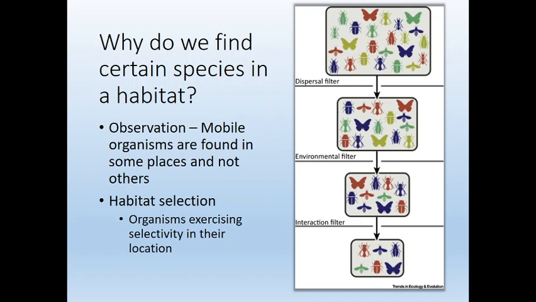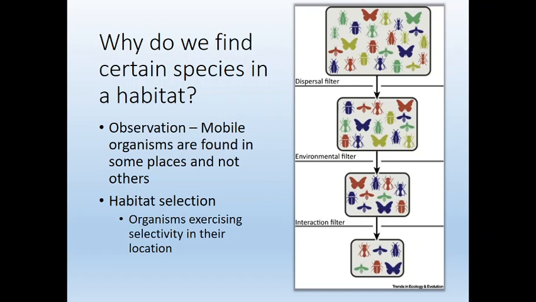But we know that we find some birds in some places and not in others. So at least with birds, these organisms are exercising selectivity in their location. They're choosing whether to go to some places, to avoid others. So we know that there is some sort of habitat selection.